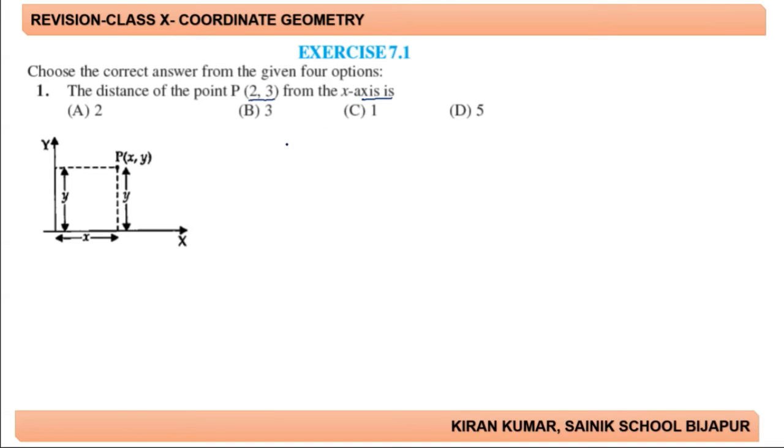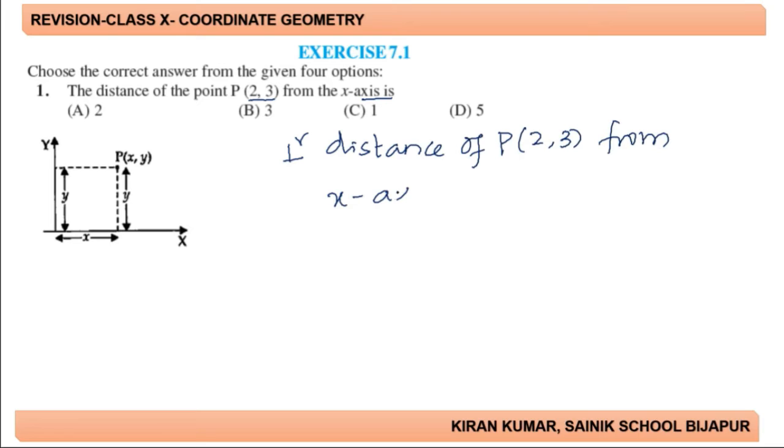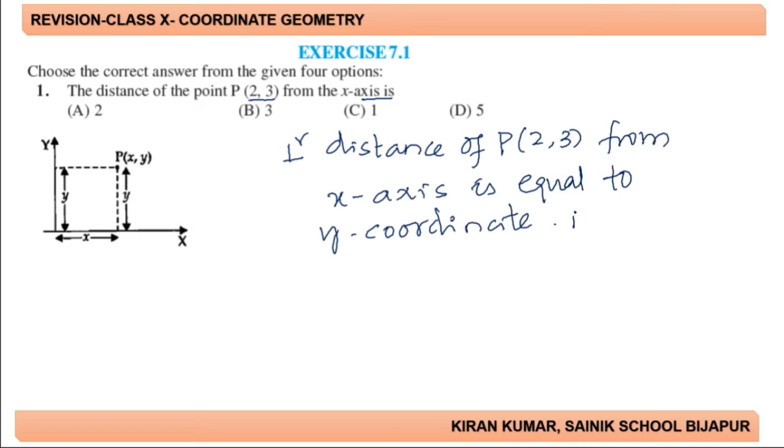Here, the perpendicular distance of point P 2, 3 from the x-axis is equal to the y coordinate, that is 3 units. Therefore, option B is the right answer.